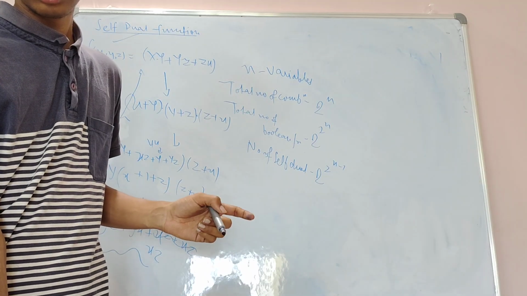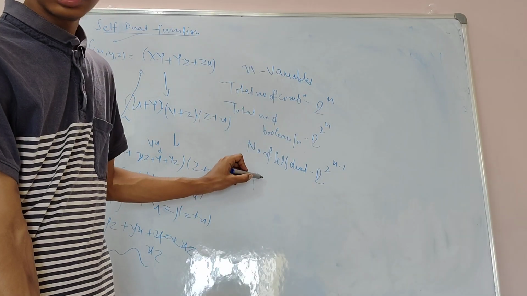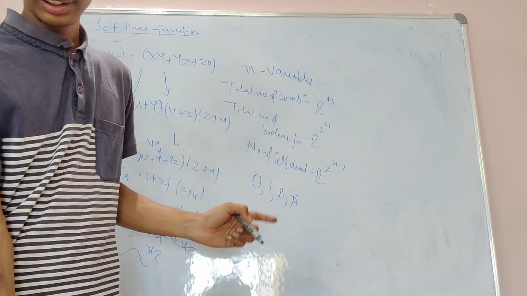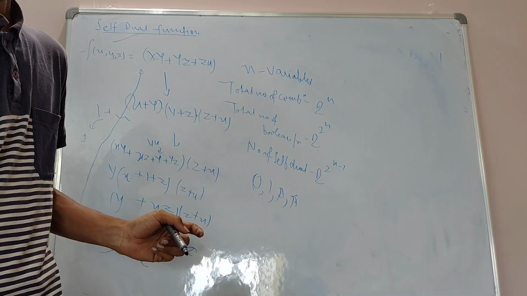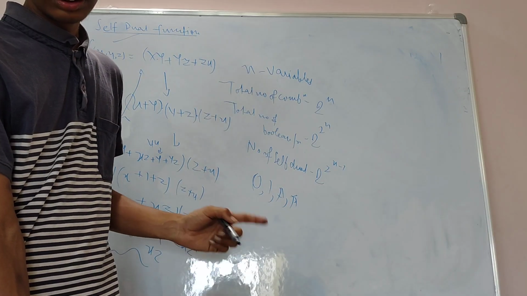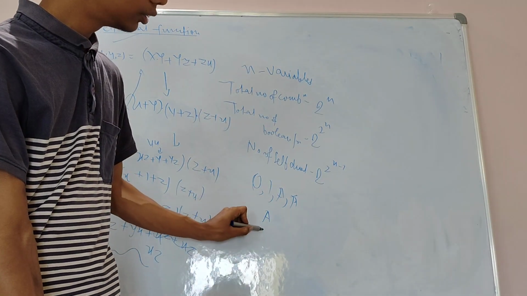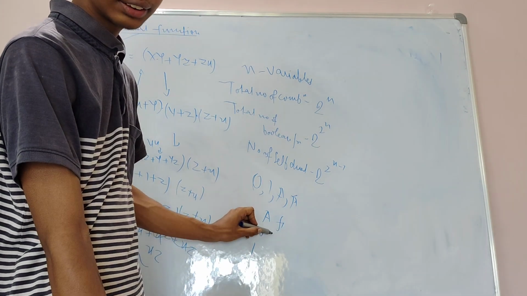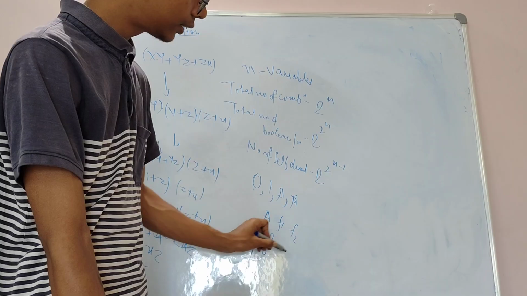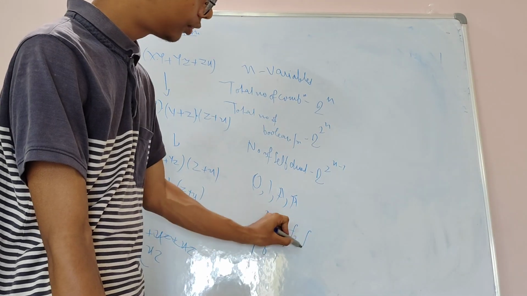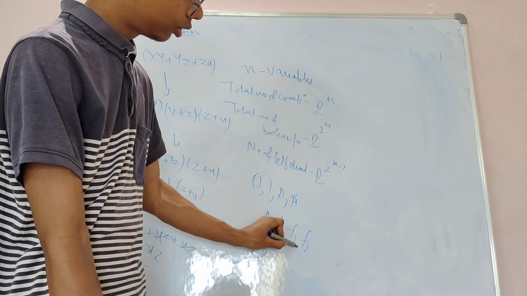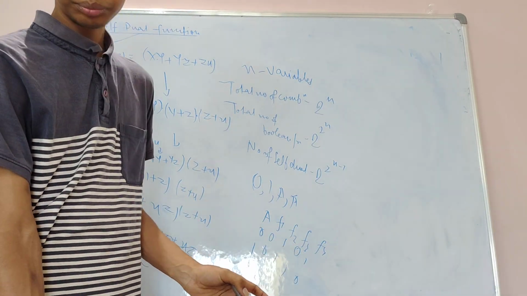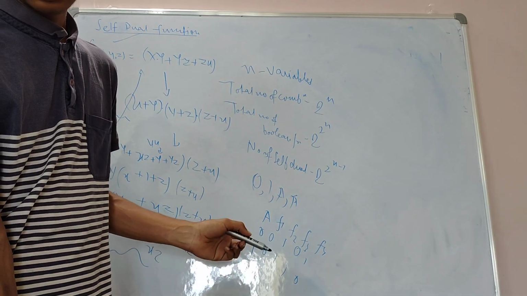And for the logical expressions 0, 1, a, a bar, right? I have to find this. So I will make here a 0 1, right? And suppose I have s1 as 0 0, s2 as 1 1, s3 as 0 1, and s4 as 1 0. So what is this?